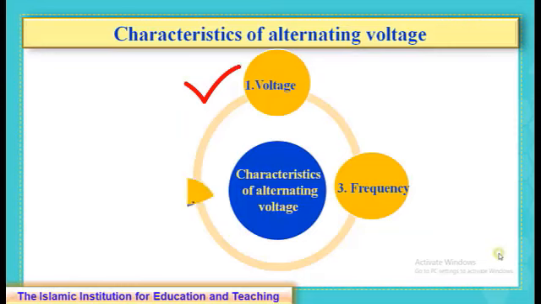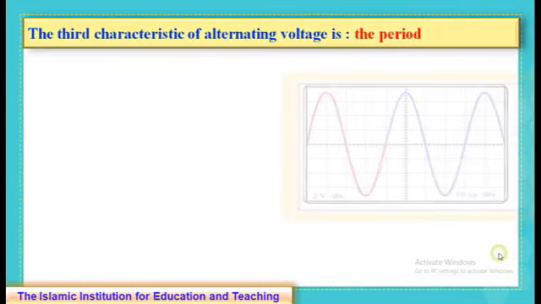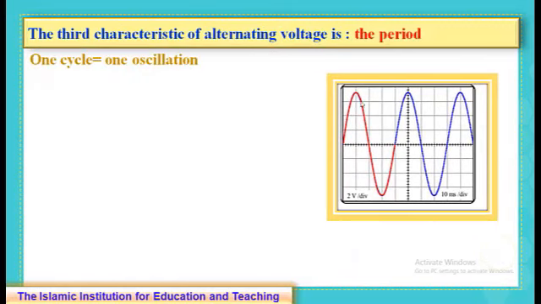Now we want to talk about the characteristic of the period. Given this oscillogram, the part of this oscillogram in red constitutes a cycle or an oscillation. It starts with the 0 level, it increases to the maximum positive point, it drops to the 0 level and drops more to the minimum negative point and goes back to the 0 level.